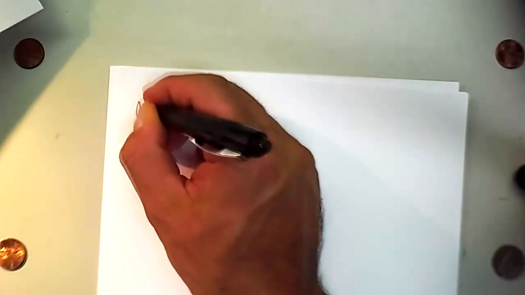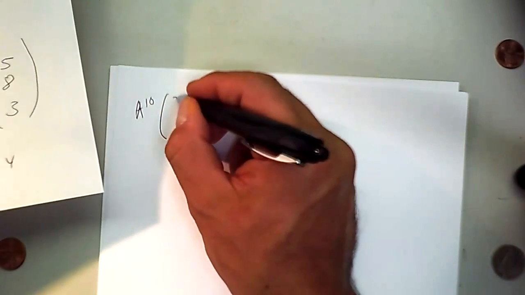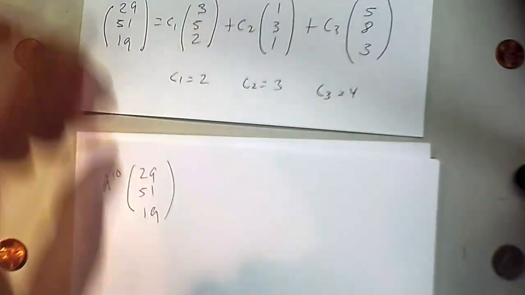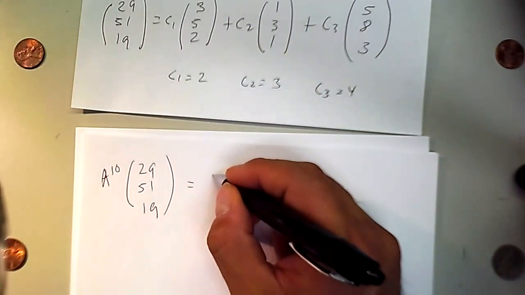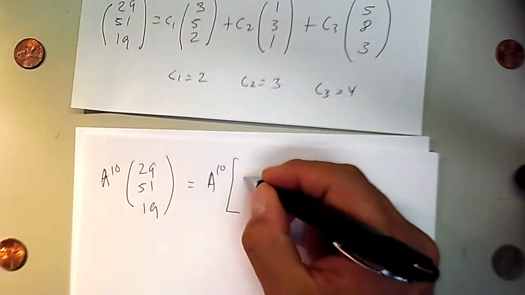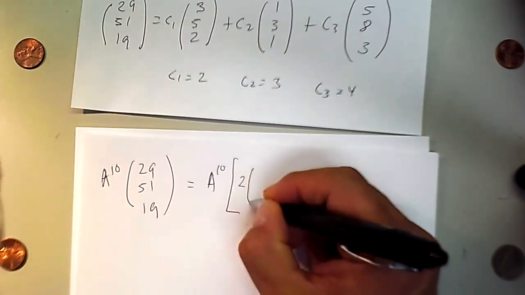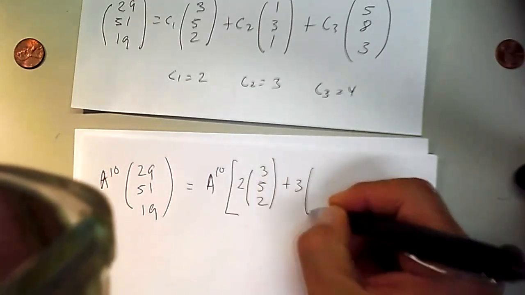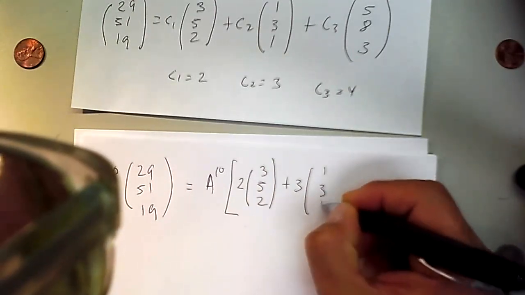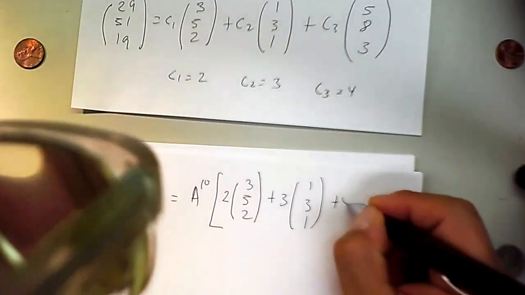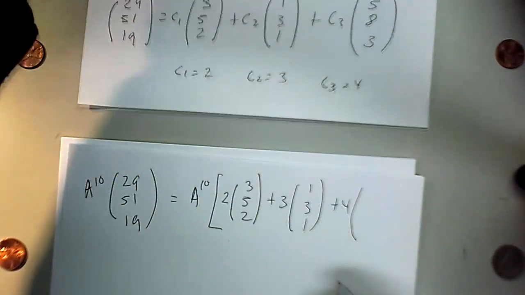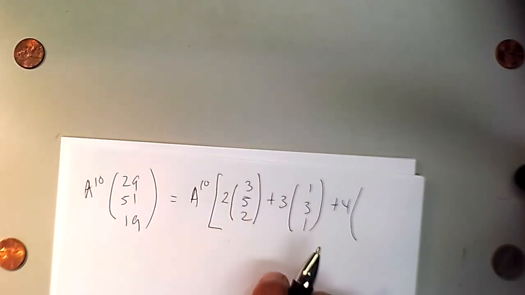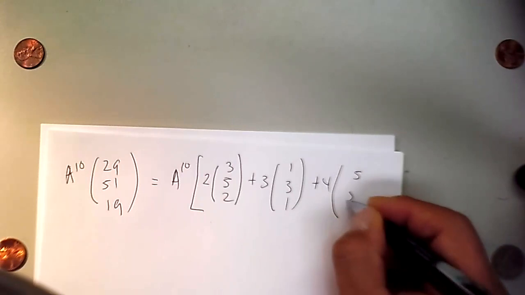So A to the 10 multiplied with (29, 51, 19) is A to the 10 times 2 times the first eigenvector (3, 5, 2), plus 3 times the second eigenvector (1, 3, 1), plus 4 times (5, 8, 3). I'm just double checking: 5, 8, 3. Yep.